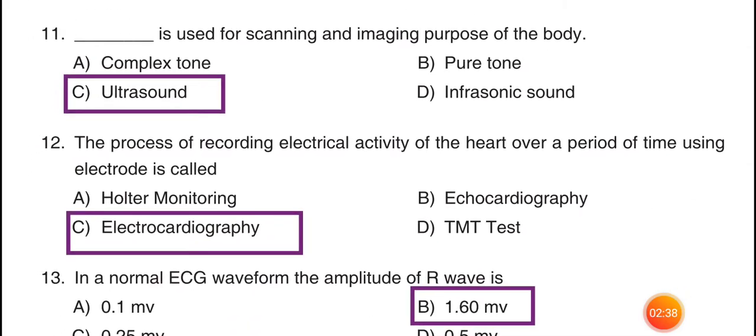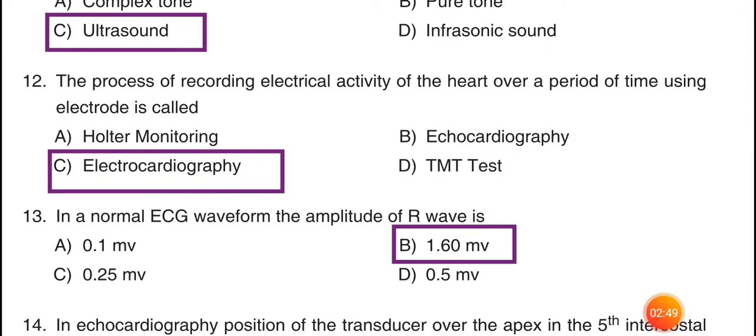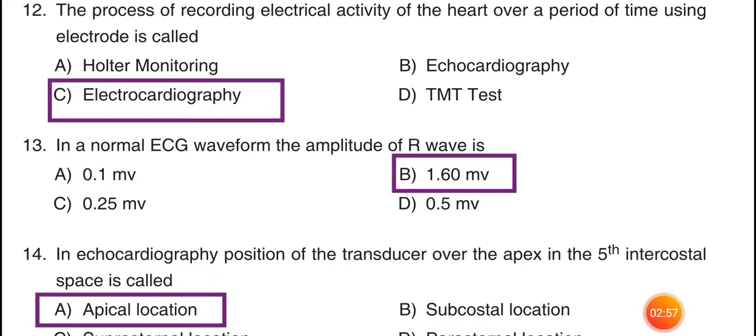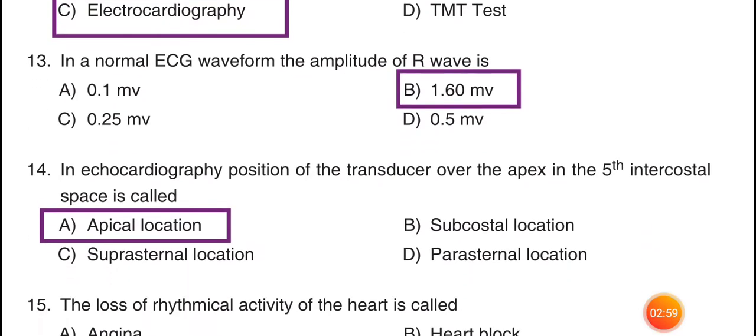11. Dash is used for scanning and imaging purpose of the body. Option C, ultrasound. 12. The process of recording electrical activity of the heart over a period of time using electrodes is called. Option C, electrocardiography. 13.